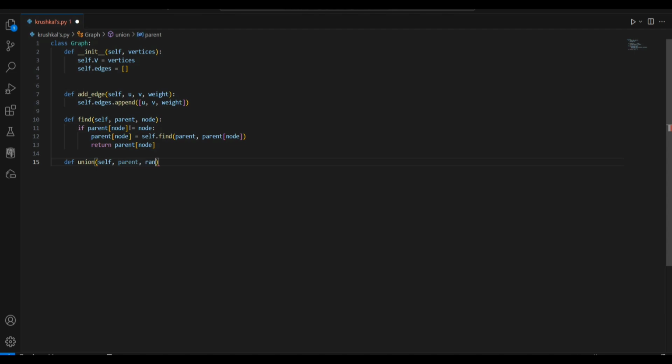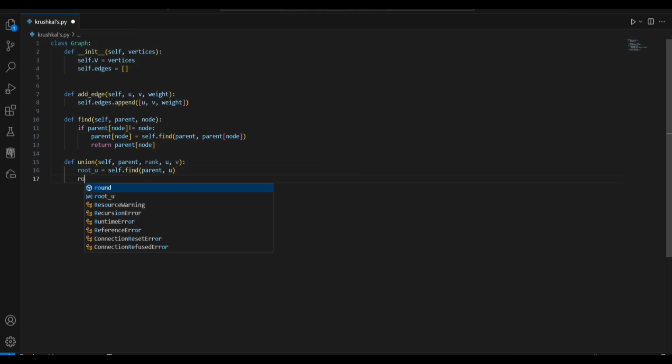The root u is equals to self.find(parent, u). Next, the root v is equals to self.find.